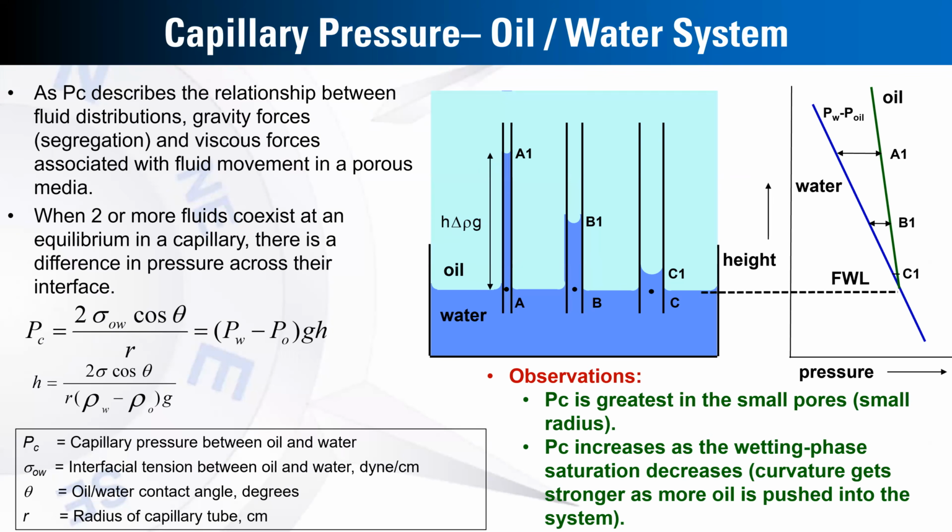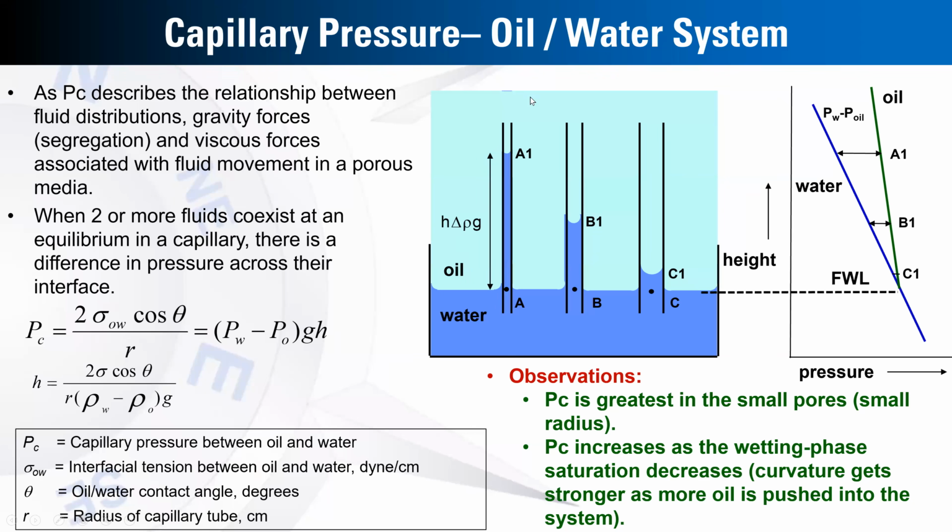So capillary pressure is, as mentioned, the pressure at the interface separating two immiscible fluids like water and oil. It's, as mentioned before, the pressure difference between the non-wetting phase and wetting phase, defined as a function of these parameters, which are the oil-water interfacial tension, the contact angle between oil and water, and the capillary radius, or the radius of the capillary tube.